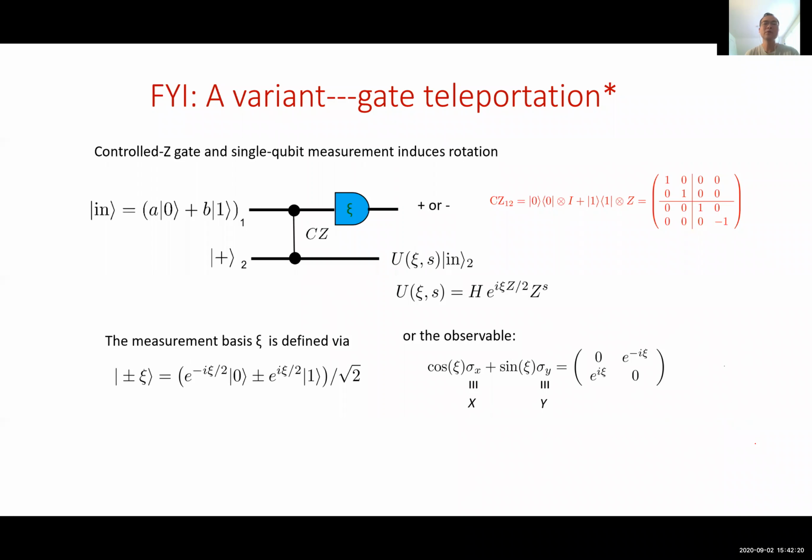So let me see what we have next. Okay, so I'm trying to do something which is slightly simpler than teleportation. This is actually called gate teleportation. So let me explain what the goal is. You have an input state, also labeled as a|0> + b|1>. The second qubit is in a plus state, and you entangle them by the so-called control-Z gate.